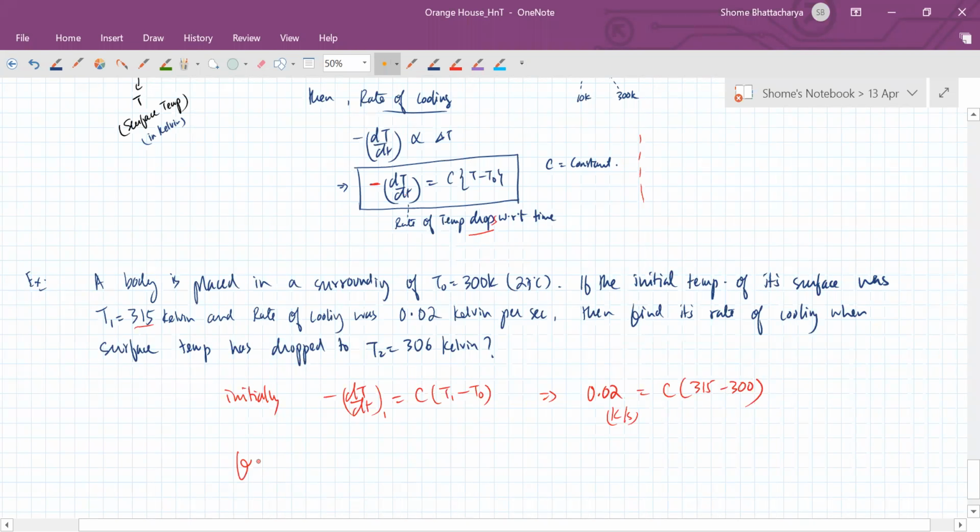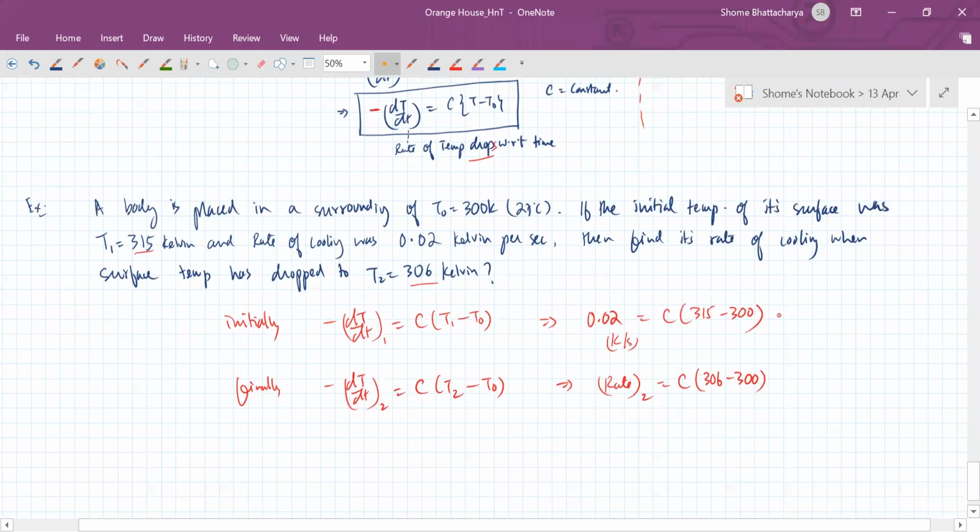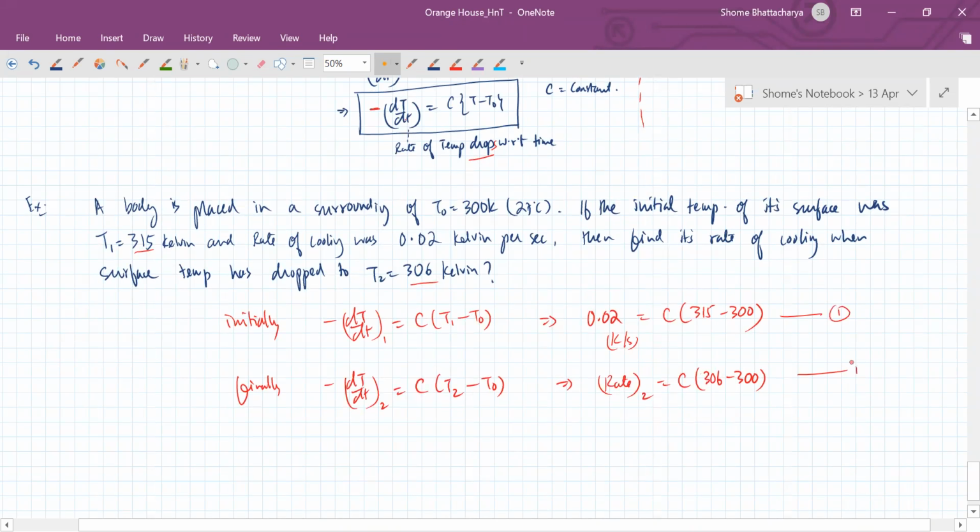Now, finally, the rate of temperature drop will be the same constant but multiplied by T2 minus T0. So this rate in the second case will be equal to the same constant but into T2, which is now 306, minus 300. So this is our first equation. This is our second equation.